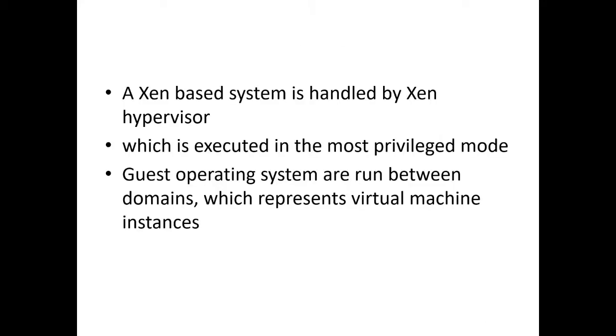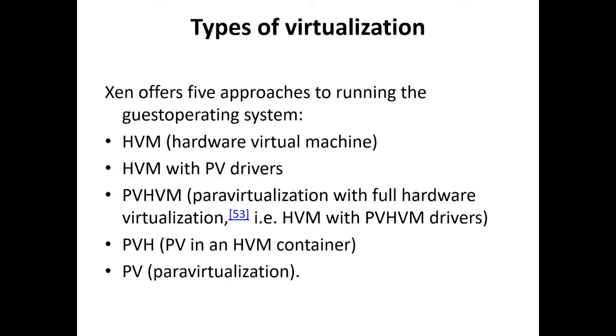As we discussed, guest operating systems run between domains, which represent a virtual machine instance. We have already discussed this in the previous slide. There are basically different types. In this slide we have listed a couple of types of Xen virtualization. There are 5 approaches for running a guest operating system.